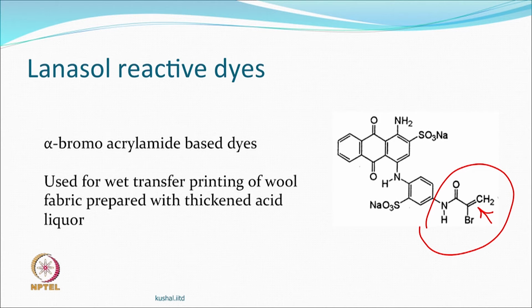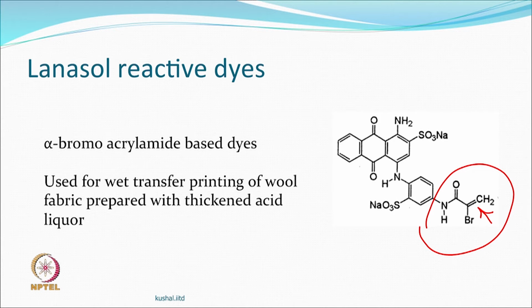So, wool people like this dye more, which is the acrylamide dyes, which have this type of a reactive group, where there is a double bond here. So, there is a possibility that you can react from here.